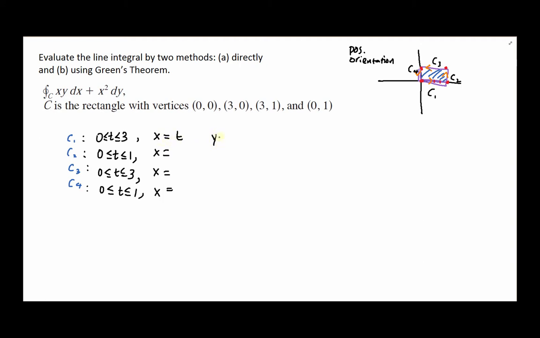And for y, it's simply 0. y equals 0. Now moving to the second curve, x is 3 because we have x equals 3, and y here will be simply t because from 0 to 1 we move up 1, right? So imagine t equals 0.5, then we expect y to be 0.5 as well.